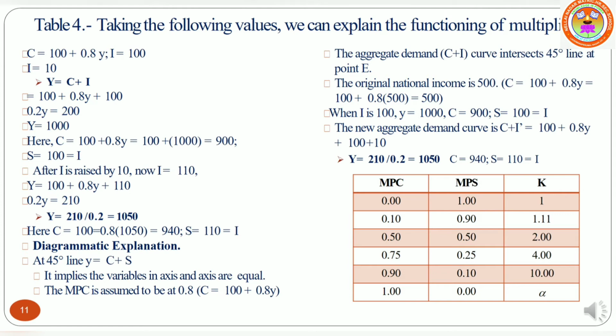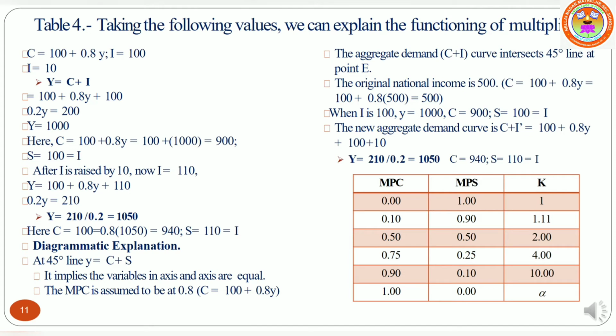When I is 100, Y equals 1000 and C equals 900. 1000 minus 900, we get 100. So how much have we saved? 100. The same as we discussed on the left side.